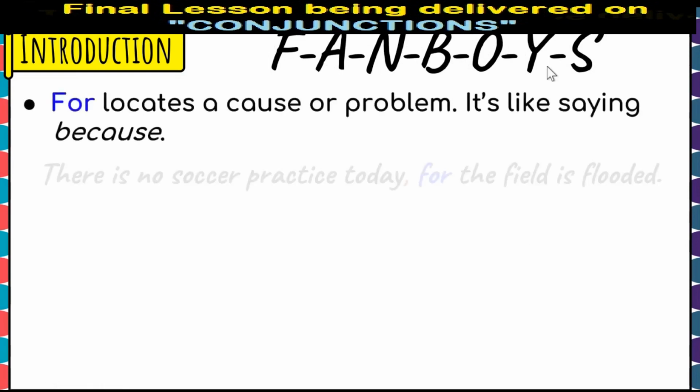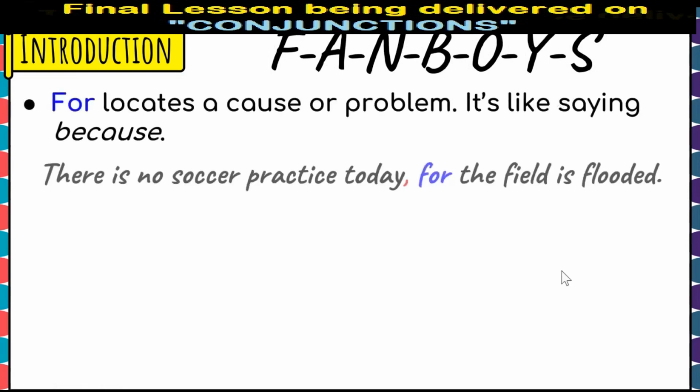All right, let me give you some detailed examples. For example, for locates a cause or problem. It's like saying because. So, for example, there is no soccer practice today, for the field is flooded. Did you see that I used a comma over here?